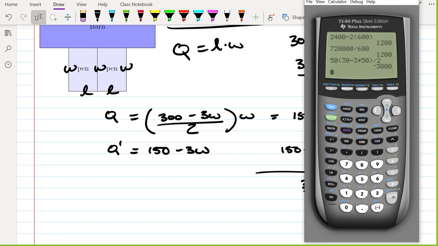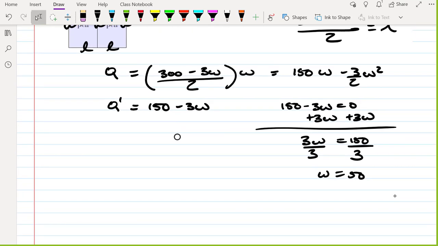I'm missing a 0. It shouldn't be negative. It helps if you type correctly: 300, and we get 3,750. So then that tells us that the area is 3,750 square meters.